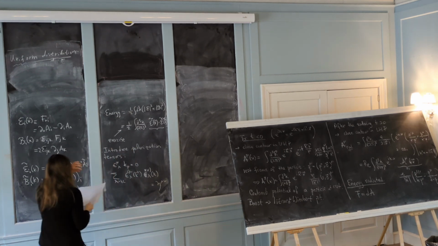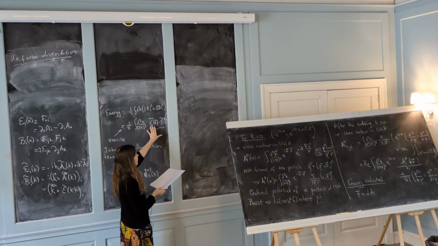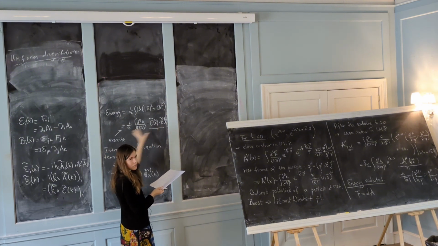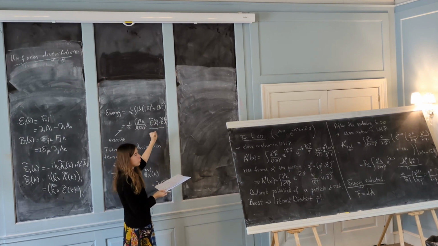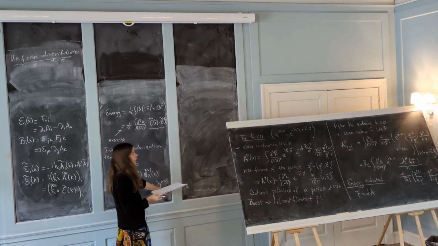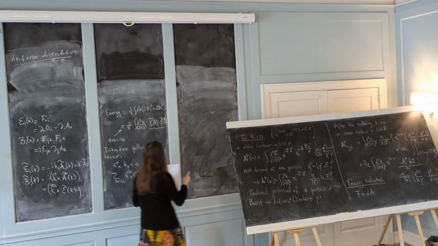And so now, since the zero component of the electric field vanishes by definition, I can write this in a more covariant way as ε_μ dotted into E^μ, and then use this completeness relation for the polarization tensors.